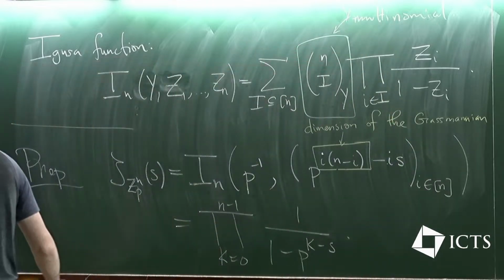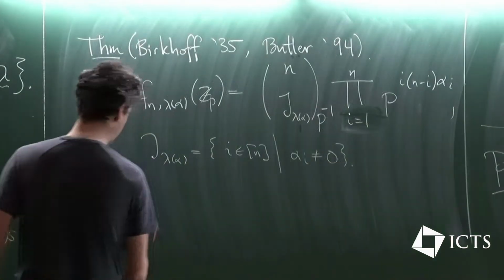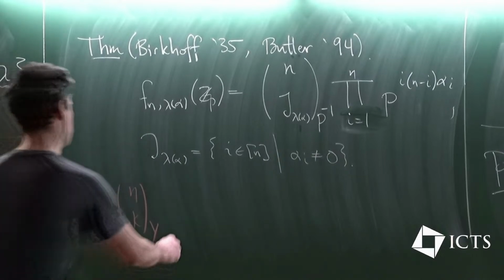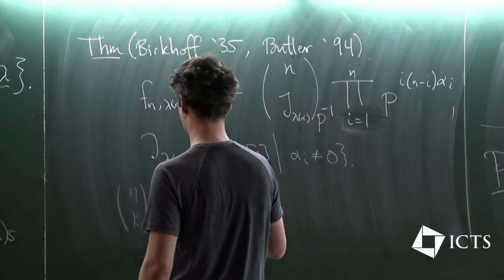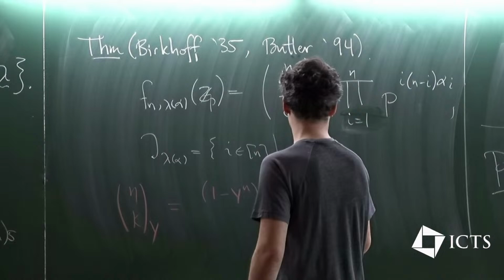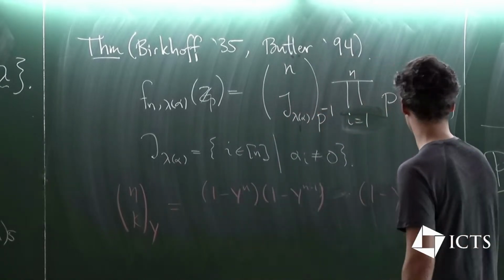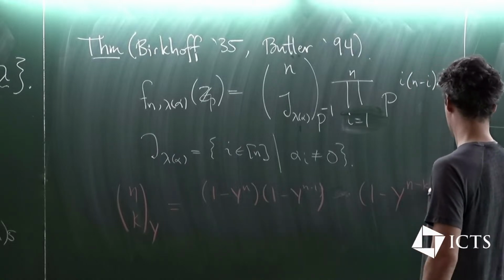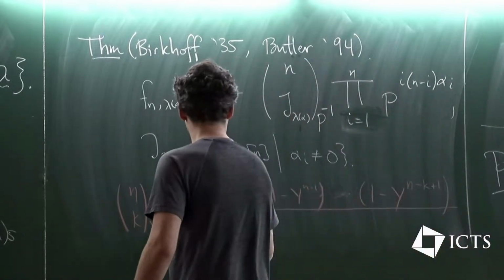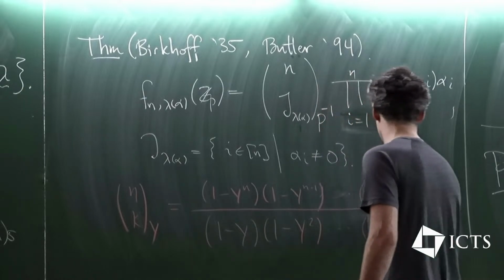I'll mention it right here. So if I have n k y, this is just two numbers, now not a set. This is nothing more than 1 minus y to the n, 1 minus y to the n minus 1, all the way down to 1 minus y to the n minus k plus 1, on the numerator, and on the denominator, you go up 1 minus y squared, all the way up to 1 minus y to the k.